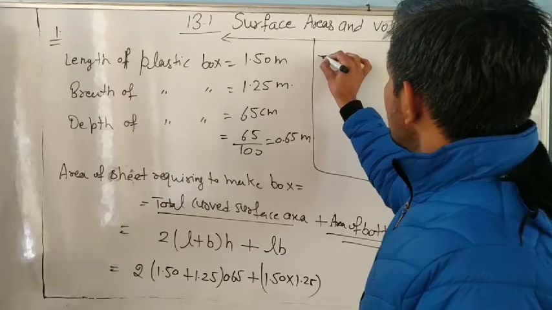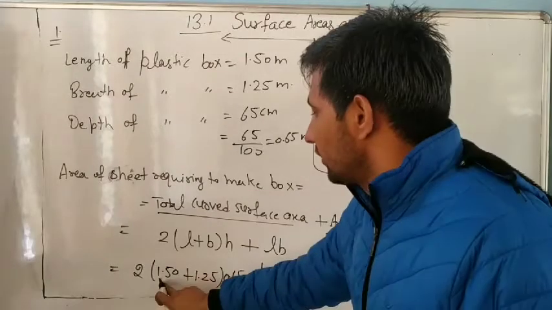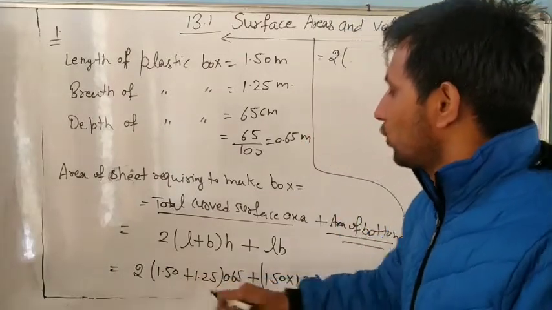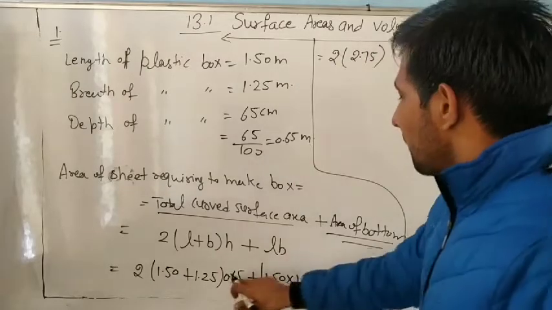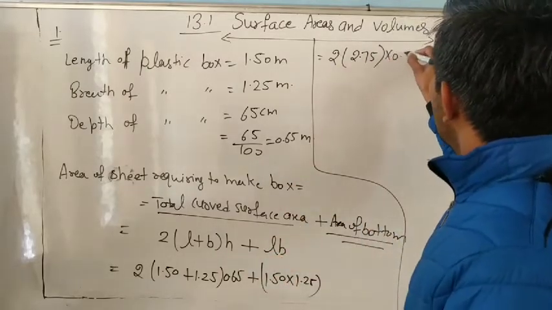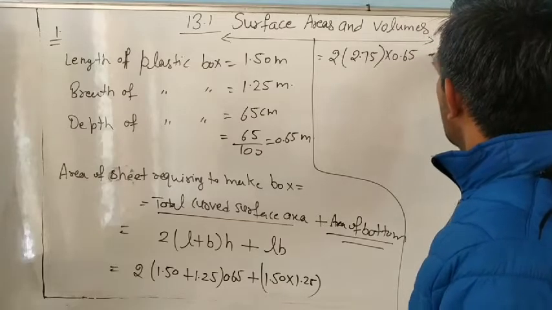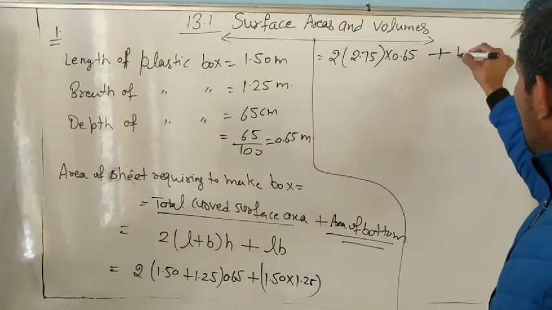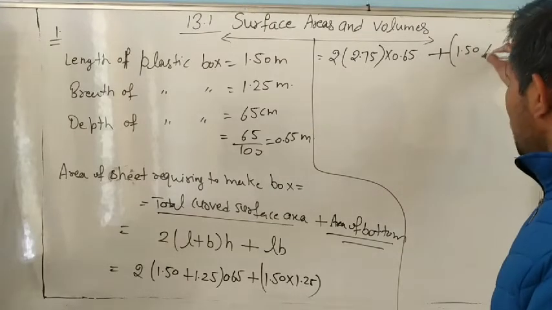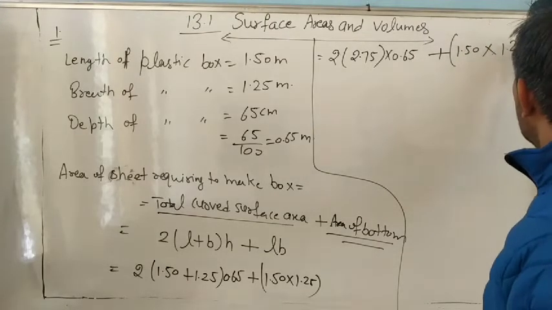So 2 multiply, what is 1.50 plus 1.25? 2.75, multiply by 0.65, plus 1.50 multiply 1.25.